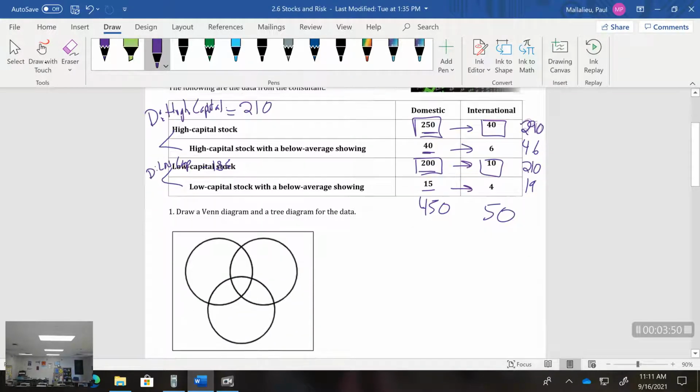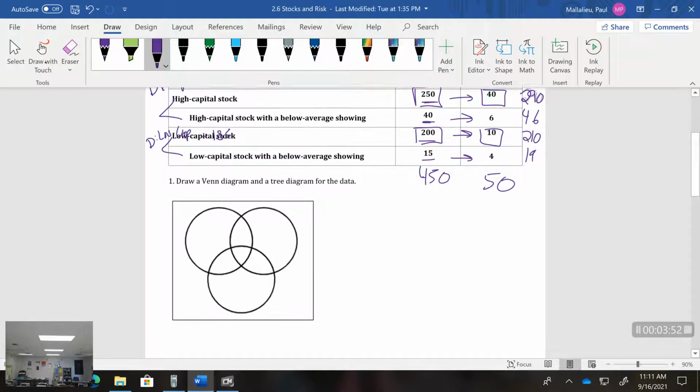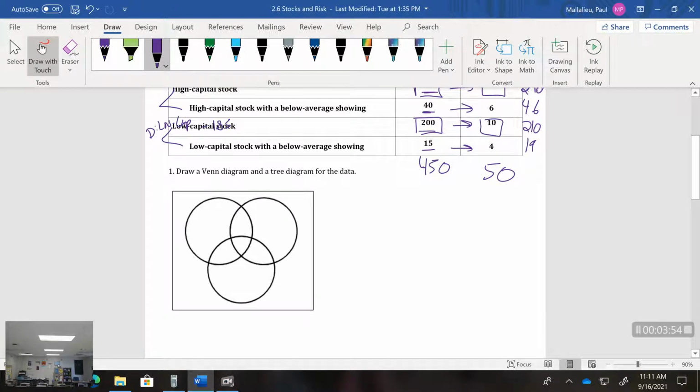All right, so we're going to look at that as a Venn diagram. It looks a little different from your basic Venn diagram, because we've got a third bit of information here. We are going to take all the numbers that we found. We're going to call this high capital, this is domestic, and down here is below average showing stocks. So we've got our 210 and our 40.